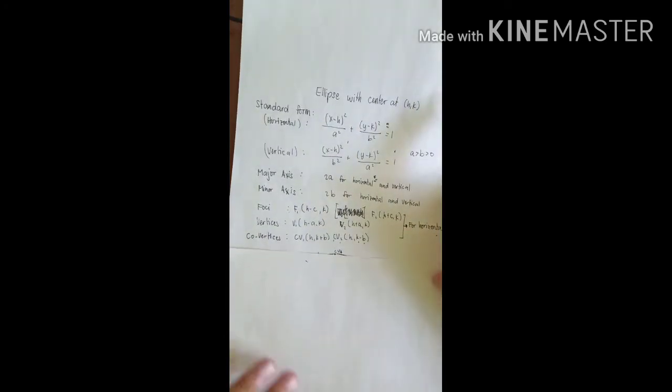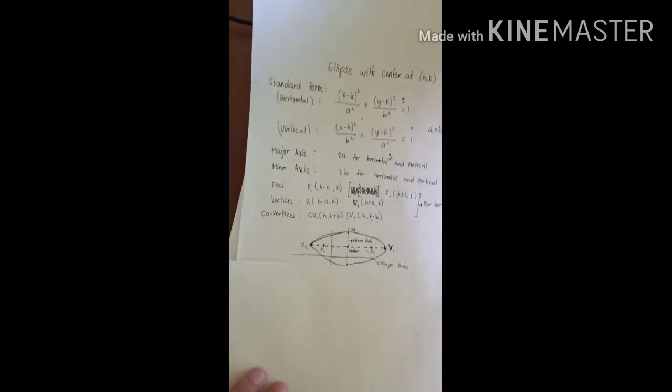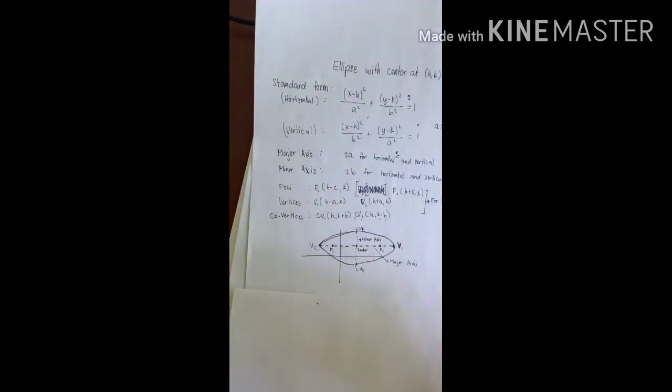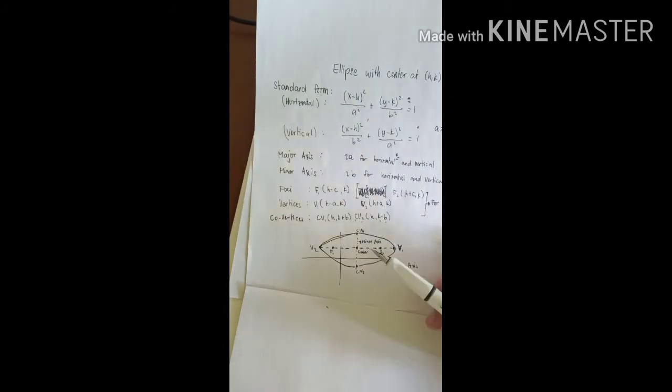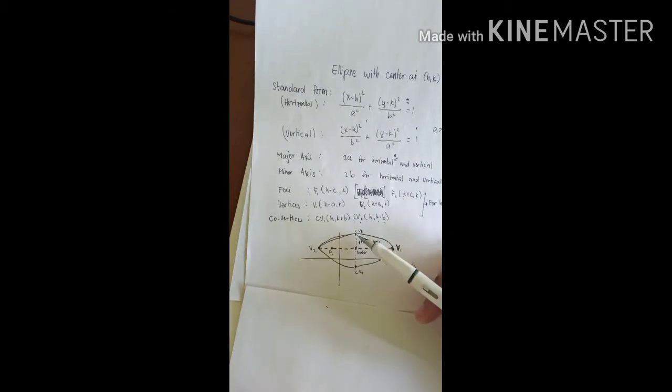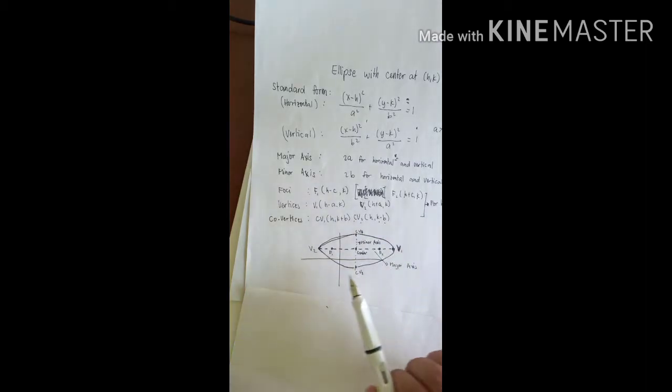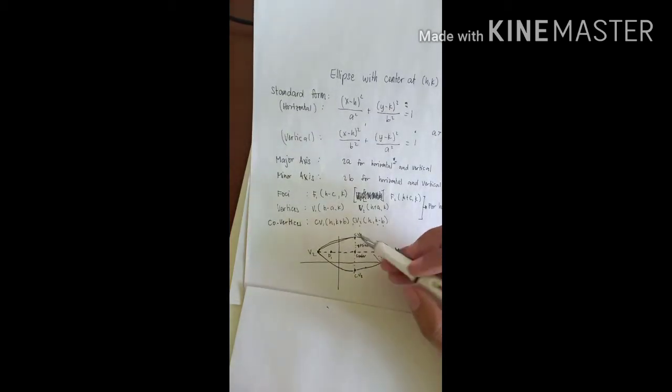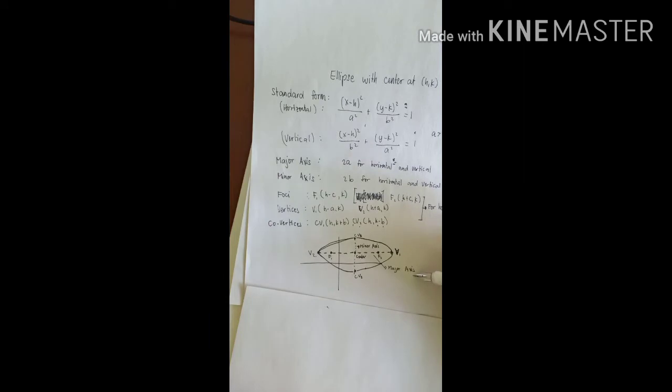Okay, next, the graph of the horizontal is just like this. Okay, the horizontal yung shape ng ating ellipse. We have the center. This line parallel to the y-axis is what we call the minor axis, and the line parallel to the x-axis is our major axis.